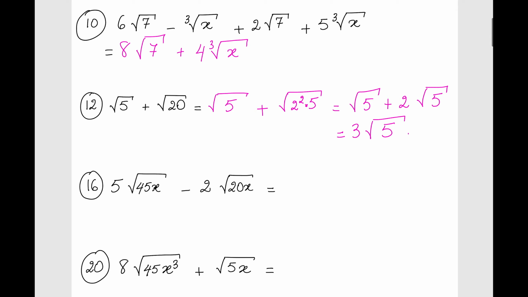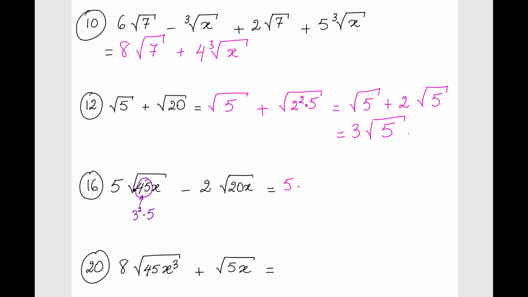5 times square root of 45x minus 2 times square root of 20x. Let's simplify each one and realize that they are like radicals. So 5 times square root of 45. 45 is, let me write this, 9 times 5, right?